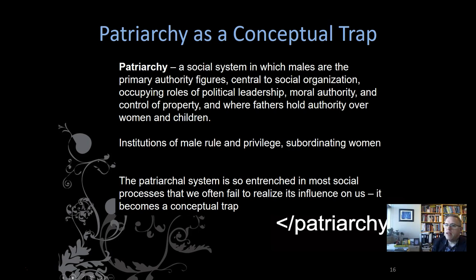But if as a man you've had times where you felt like you didn't measure up as a man because you didn't display certain qualities of masculinity, or if as a woman you felt that somehow you had to hide who you were, to be quiet, to not challenge people in order to demonstrate an acceptable performance of femininity, then you've been influenced by patriarchy.